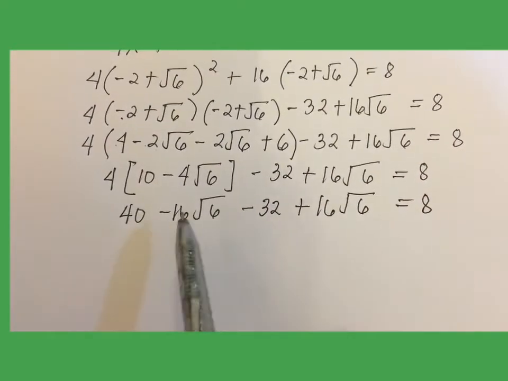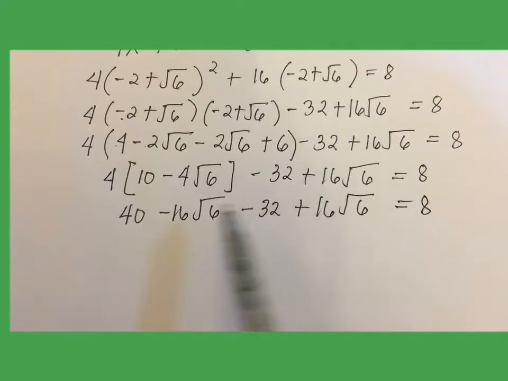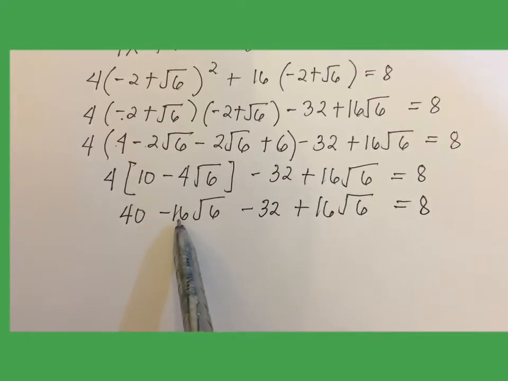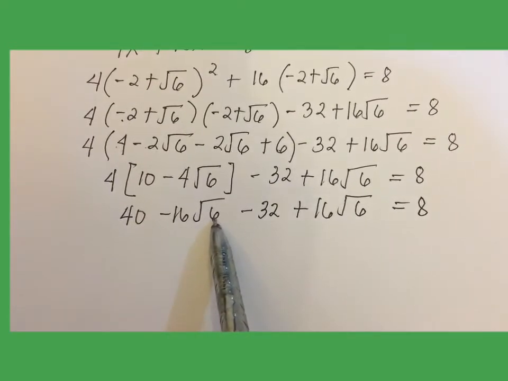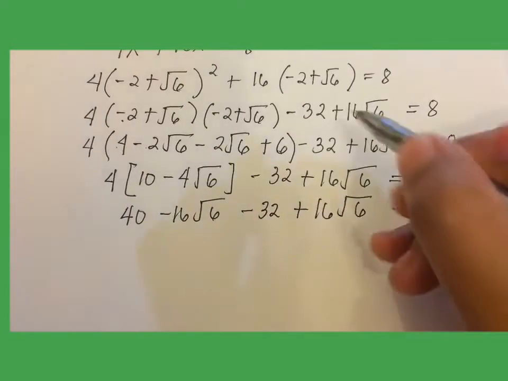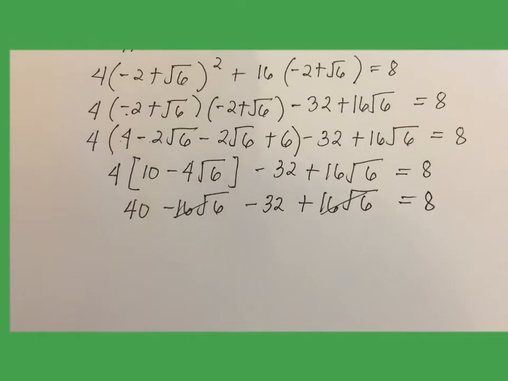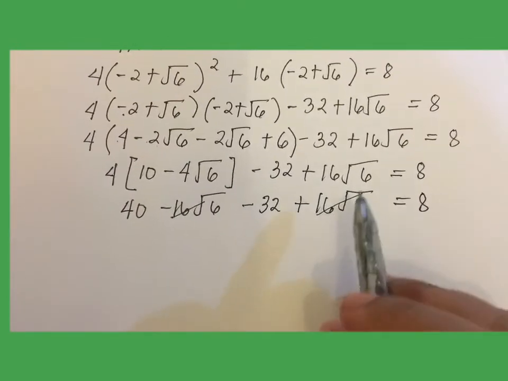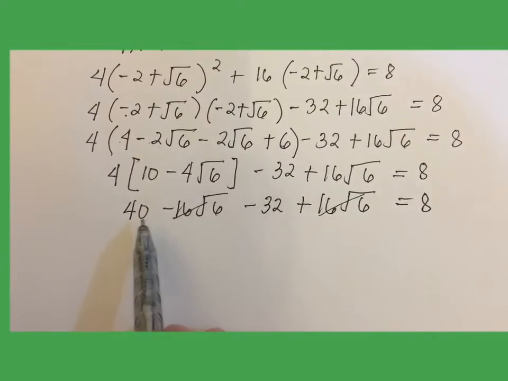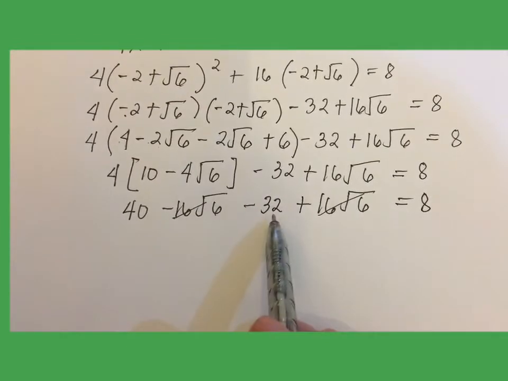So now we're going to check if there are similar terms. As you can see, there are similar terms: negative 16 square root of 6 and positive 16 square root of 6, which we can cancel because they are opposite. This is 0. Now, what is left are 40 and negative 32.